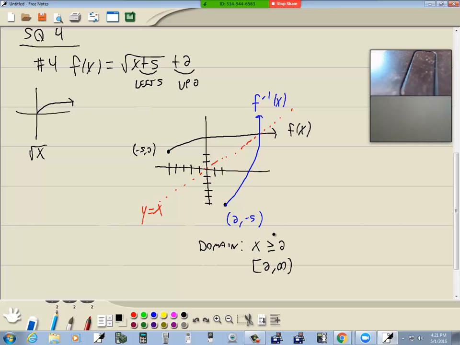Now, I swear the answer that I saw, maybe it's the answer you entered, was negative infinity to positive infinity. You can also do it that way, but in addition to what you were doing there, you'd have to still go back to your graph to help figure out what your domain is.